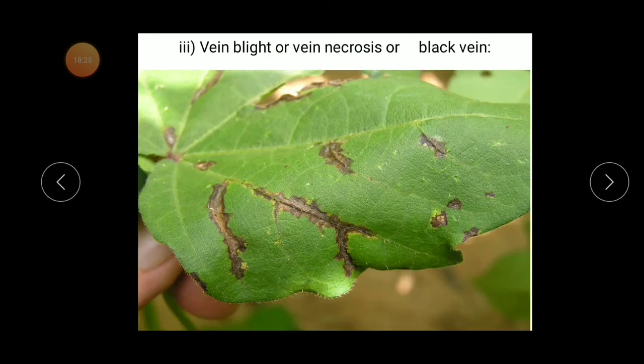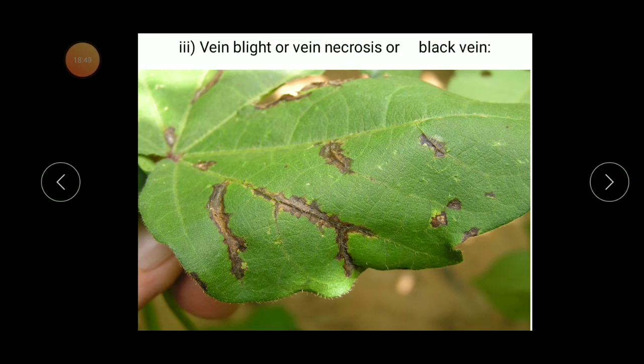Next one is vein blight or vein necrosis or black vein. As you can see, the infection also occurs in the veins of the leaf. The infection of veins causes blackening of the veins and veinlets, giving a typical blighting appearance. On the lower surface of the leaf, bacterial ooze is formed as scales or crusts.